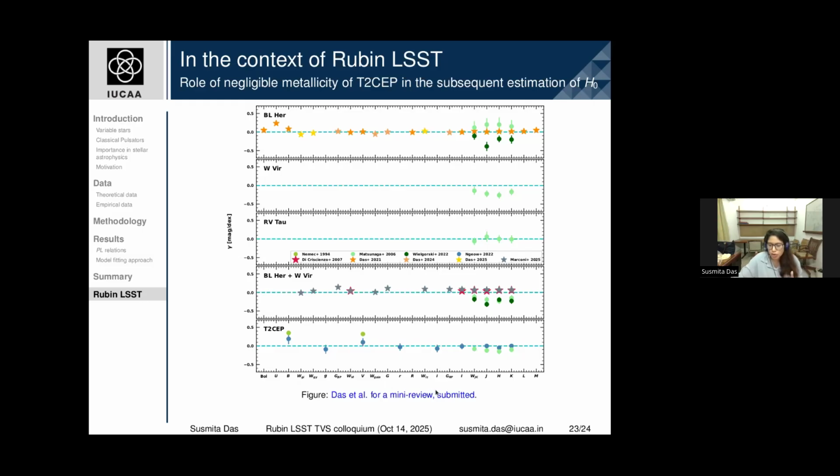These three combinations are recommended because, if you look here, from different models they have gamma close to 0. Of course, it is useful if we have spectroscopic metallicities, but even if we do not, we can still reliably use PL relations in these recommended passbands to obtain PL relations for further extragalactic distance estimates.